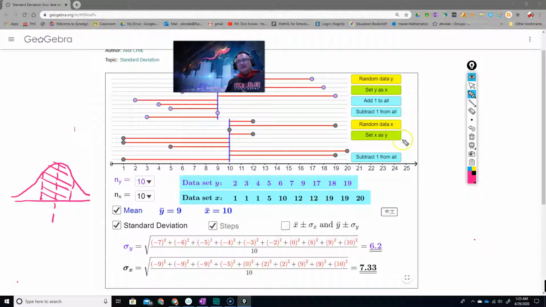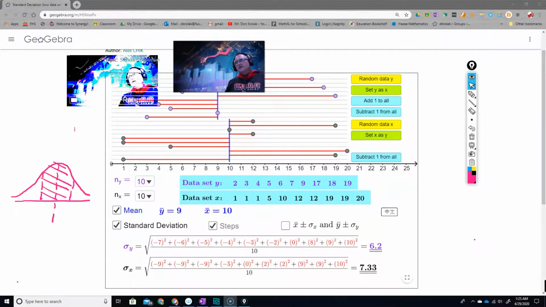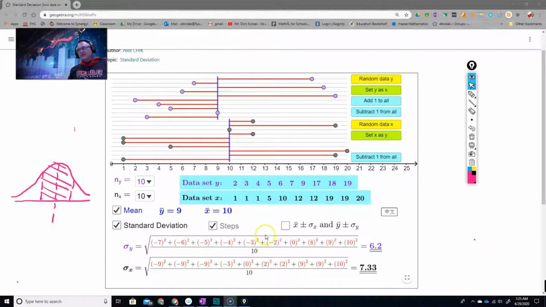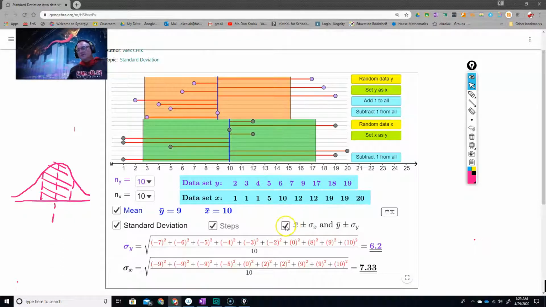So when I click on this link, this little box here, what it does is it shades in a standard deviation to the right and the left of each one of these means. Okay, so this orange box here represents one standard deviation to the right, one standard deviation to the left.